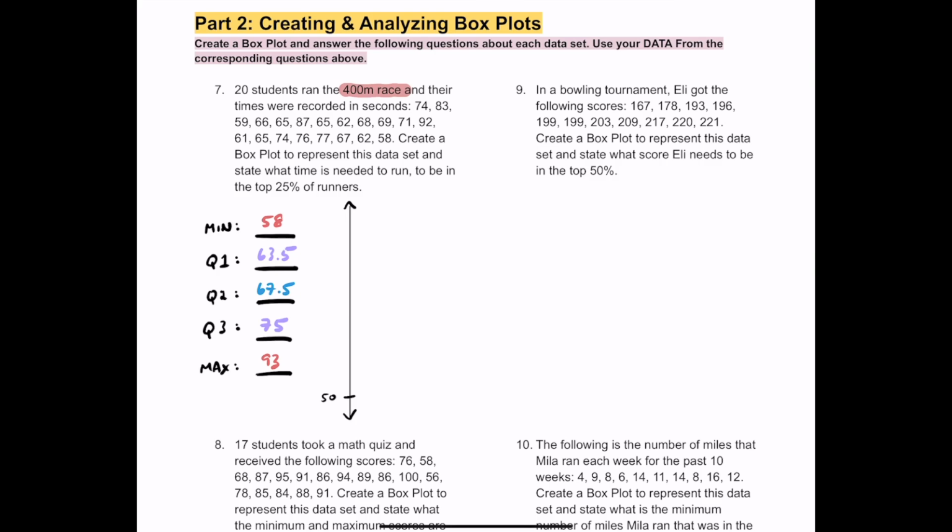So 50, let's call this 55, I'll call this 60, I'll call this 65 and 70, 75, 80, 85, 90, 95, and 100. I have a little bit of space, so why not? I'll go to 110, even though the data doesn't really need to go that high. Okay, so I guess I could line this up a little better.